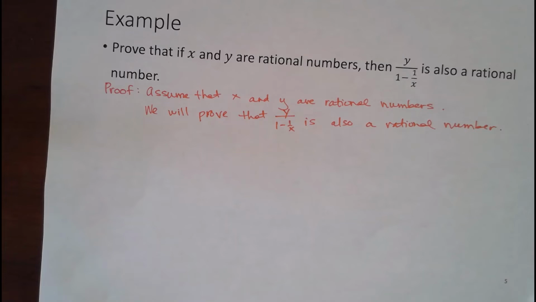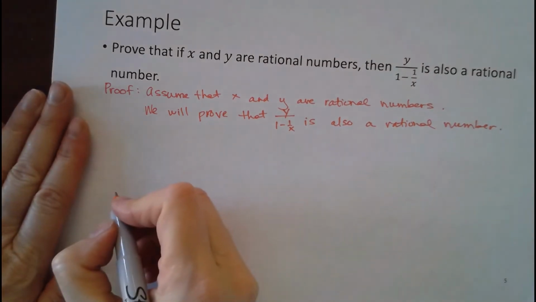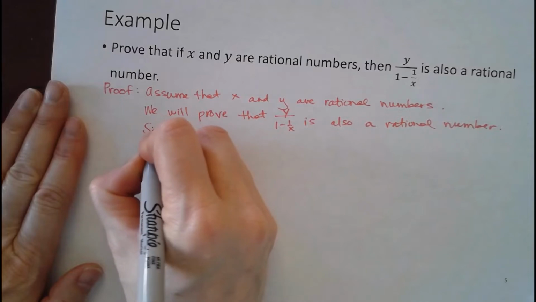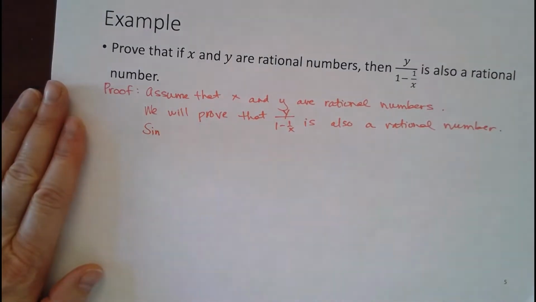Okay. And so we have to now start with our assumptions and figure out what things we could logically conclude from any definitions, theorems, rules of algebra, that kind of stuff that we know. So what probably should we do first? Okay. Since x and y are rational, they can be written as variables you pick. Good. Let's just do A, B, C, D. That's easy.